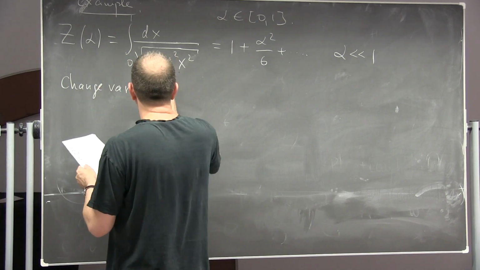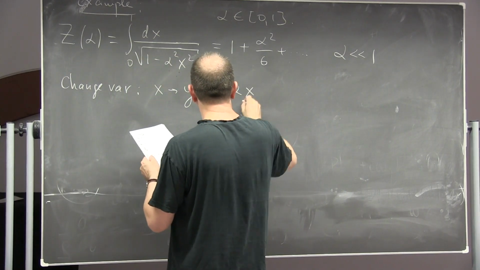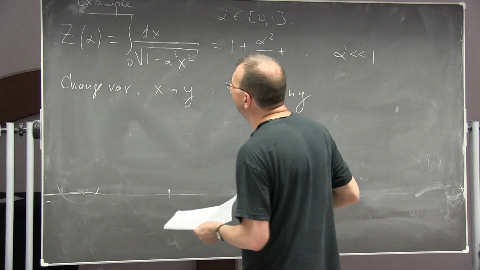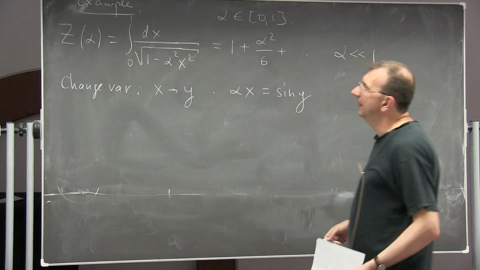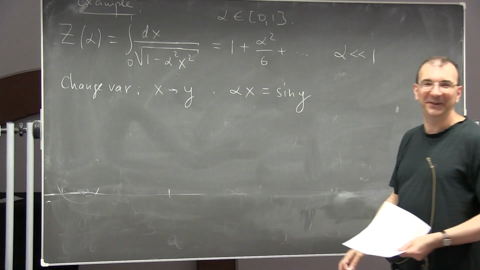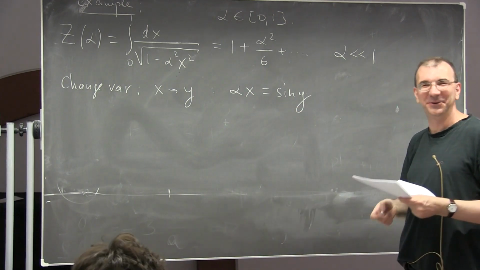You go from x to y with alpha x equal to sine y. Of course you have to guess, or you have to see by the very useful method of intense staring at your expression, that this change of variable will do the job.